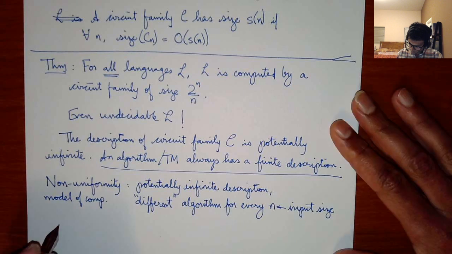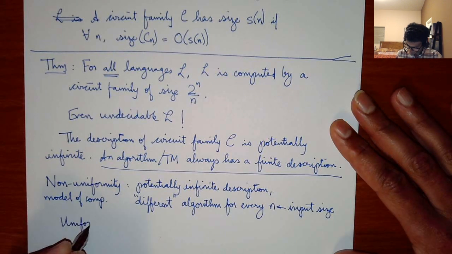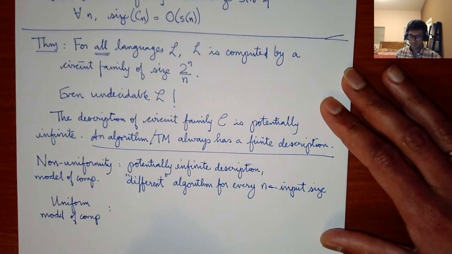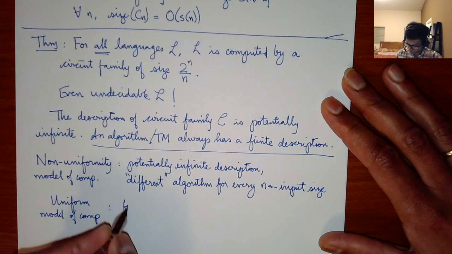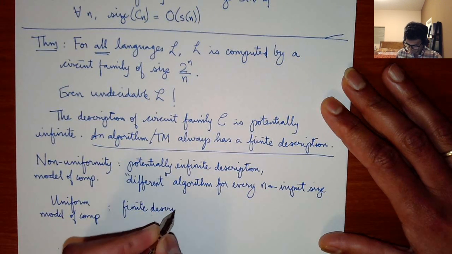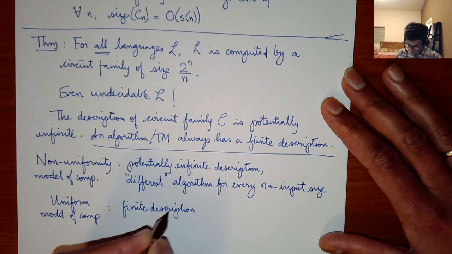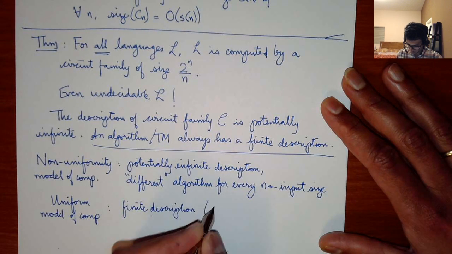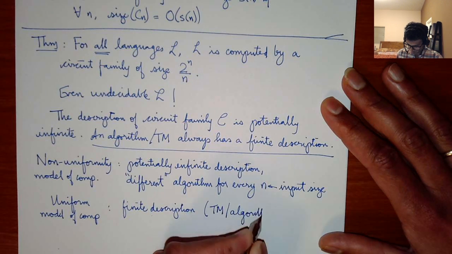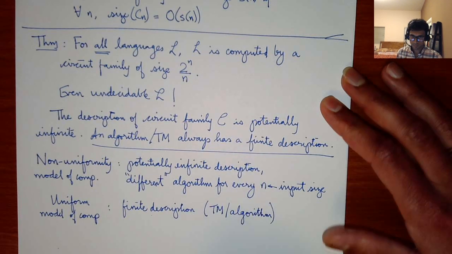And a uniform model of computation always has a finite description. So this is like a Turing machine or an algorithm. Okay?